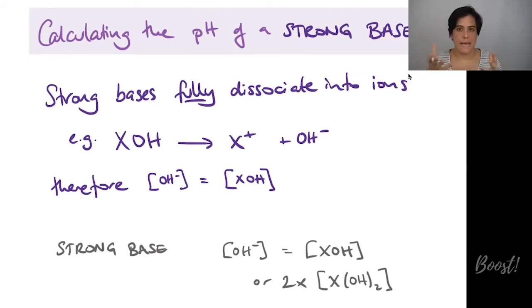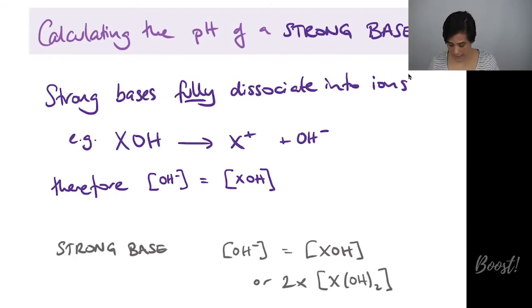X here is just any metal attached to the OH. It will fully dissociate into the X plus and OH minus ions, or the Na plus and OH minus ions, whatever metal you have. So therefore, in the same way as we can equate the concentration of a strong acid to the concentration of H plus ions, we can equate the concentration of our strong base to the concentration of our OH minus ions.